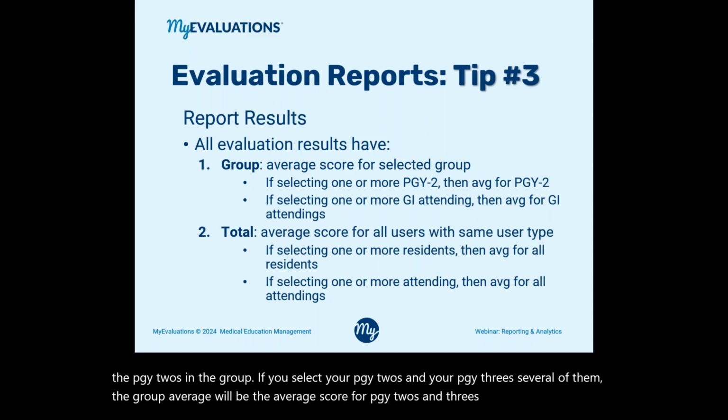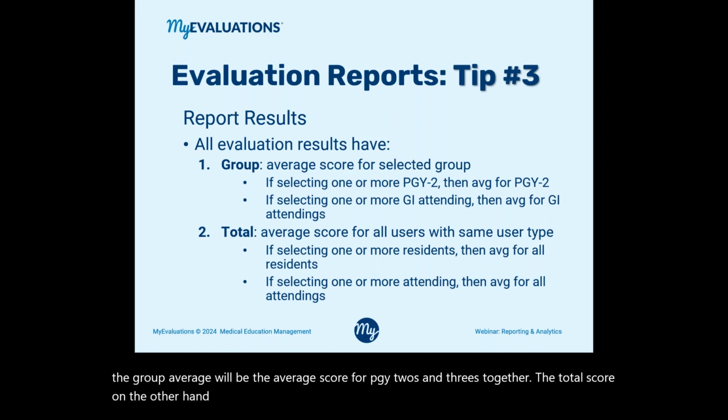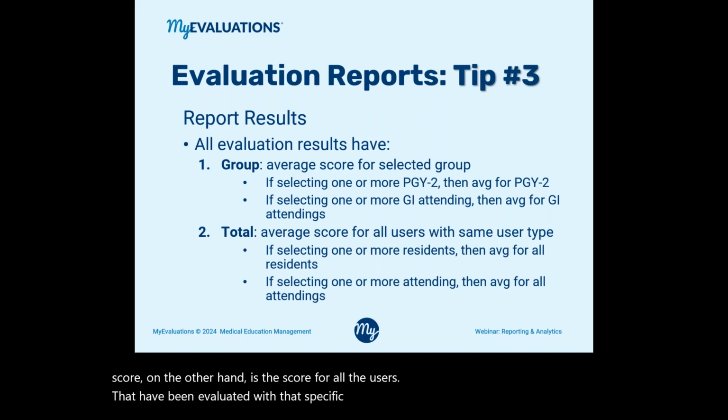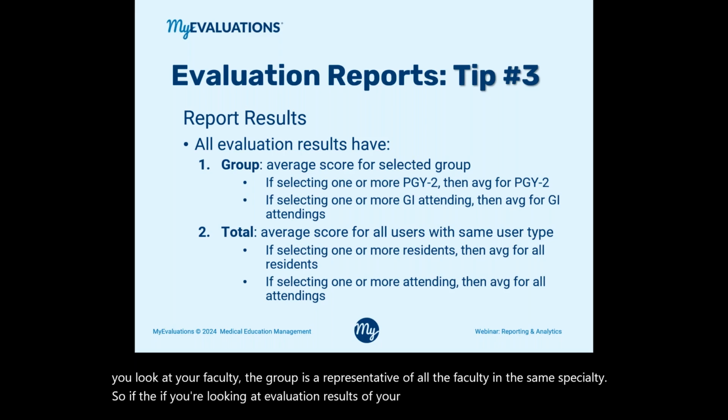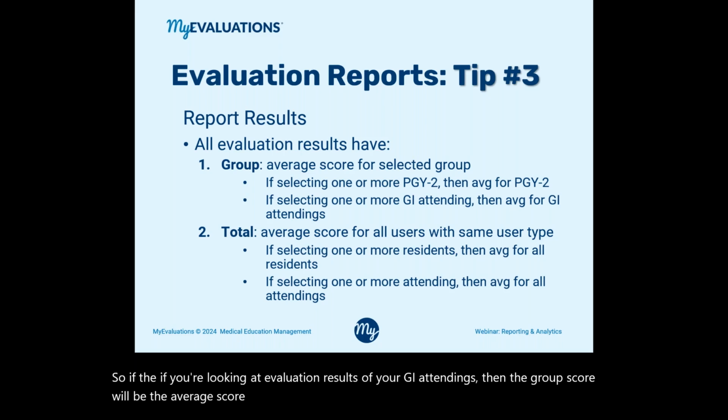The total score, on the other hand, is the score for all the users that have been evaluated with that specific form, irrespective of their PGY level. Now, when you look at your faculty, the group is a representative of all the faculty in the same specialty. So if you're looking at evaluation results of your GI attendings, then the group score will be the average score for GI attendings who've been evaluated with that form.